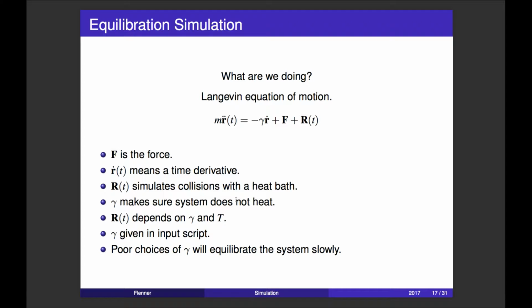So what I gave in the input script is a good value. You actually have a large range of good values, but you do have to be careful. All right, so that's how that thermostat works. There's a lot of details about it I left out, but that's the general idea.